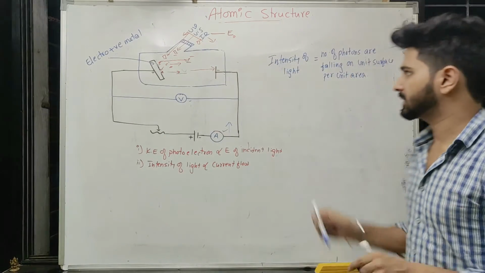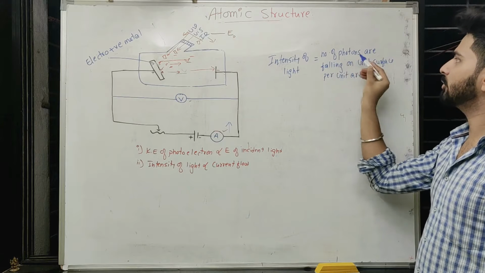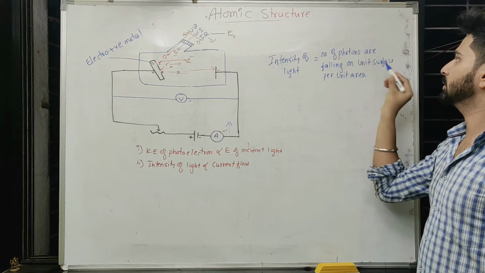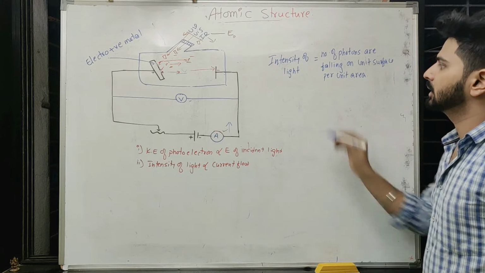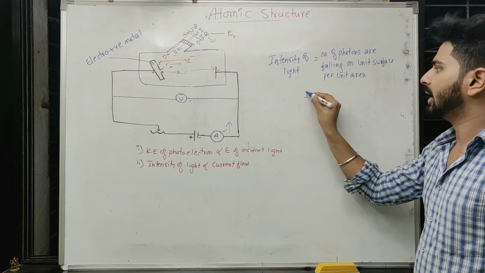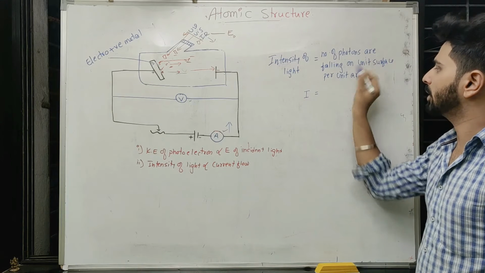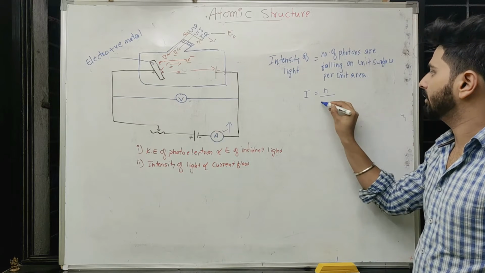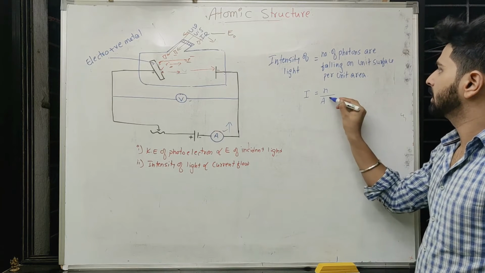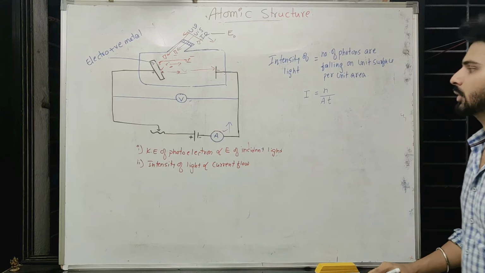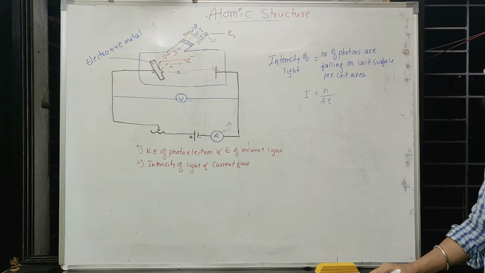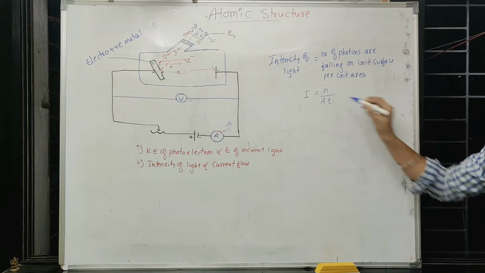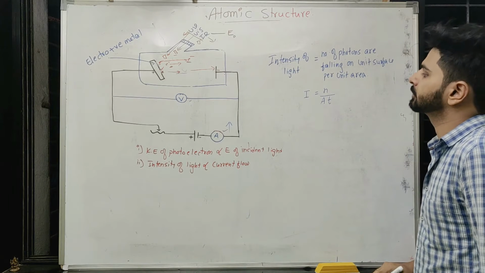We have seen that intensity of light is equal to the number of photons falling on unit area per unit time. So symbolically we can write I for intensity equal to the number of photons, which I'll keep as n, divided by unit area, for area I'll keep A, and for time I'll keep T. This can be used to calculate the intensity: number of photons per unit area per unit time.